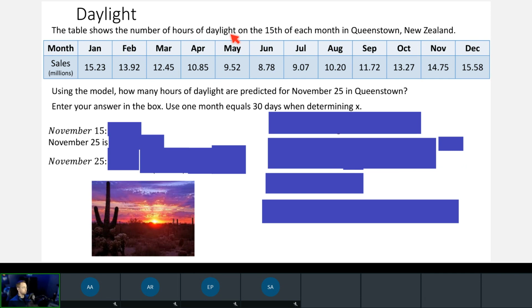Now this question wants to know how much daylight will be on November 25th. Well, when x is a whole number, it's for the 15th of every month. So that poses a problem when we want the 25th. November 15th is x equals 11. That should be clear.